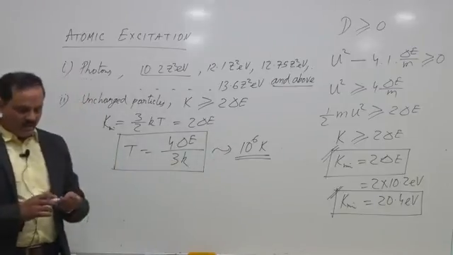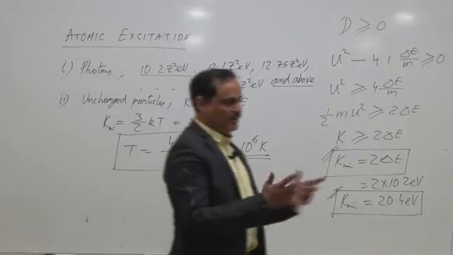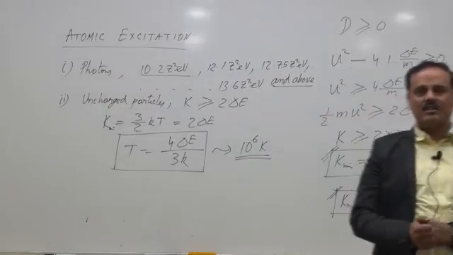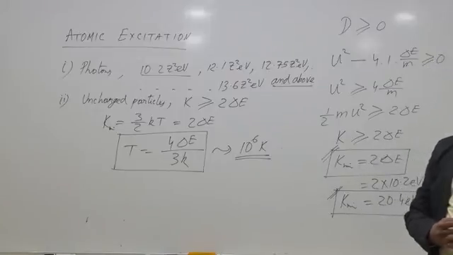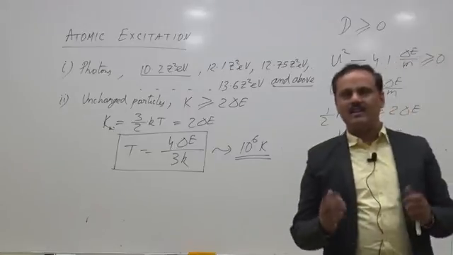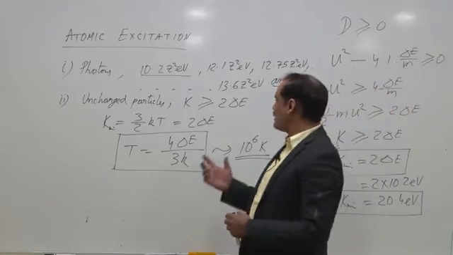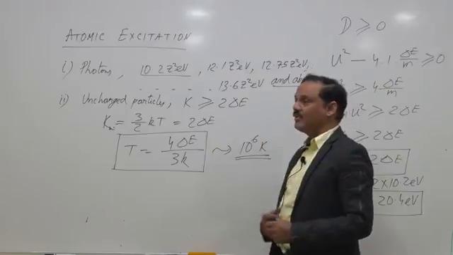And this is why, as we know, the collision among gas molecules is considered to be perfectly elastic. They do not excite, because in collision of molecules the energies are less. The energy is not very high as the temperature is not very high.